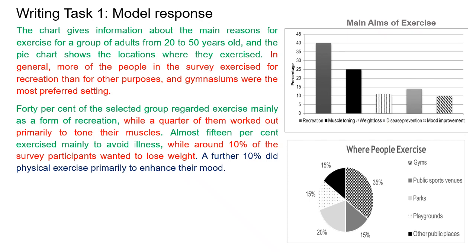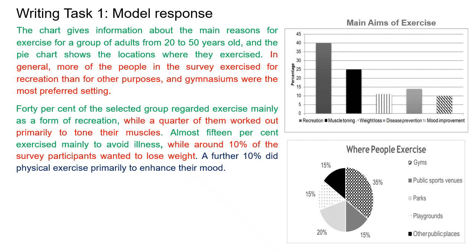And in the case of this task, it makes sense that each chart should have its own paragraph. In the next paragraph, after the introductory paragraph, you have the paragraph for the bar chart.